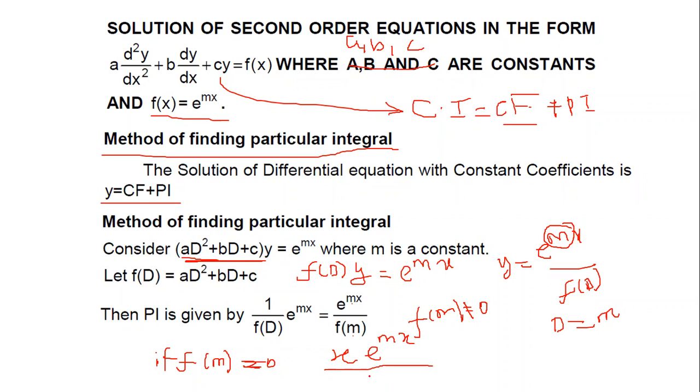That means we have to find f dash of D, and once again substitute D equal to m. One more time, f dash of m should not equal 0. In case f dash of m equals 0, once again you multiply with x in the numerator, differentiate the denominator with respect to D, and continue so on.